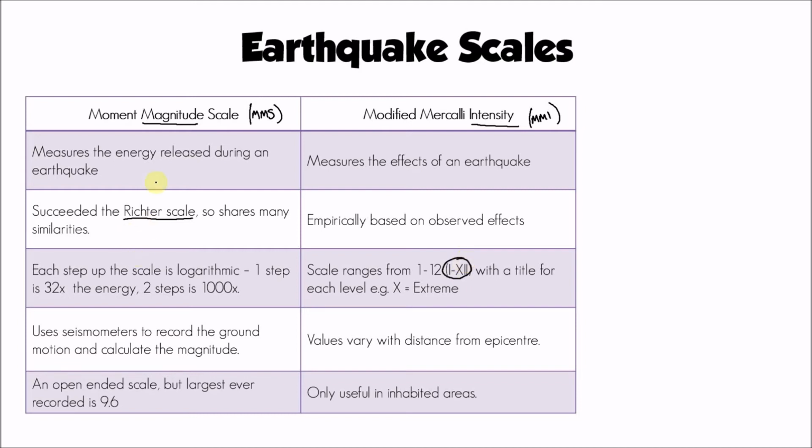However, there would only ever be one measurement of the magnitude of that earthquake. Finally, as it said earlier about us basing this information on observations, this is really only useful to us in inhabited areas because we have to have people there in the first place to actually make the observations, and we have to have buildings there to be affected and so on.